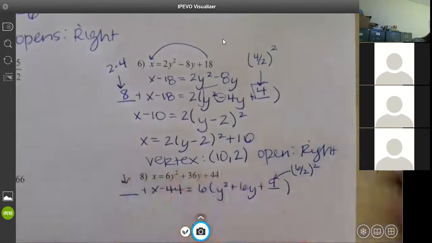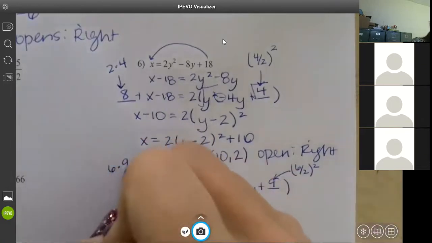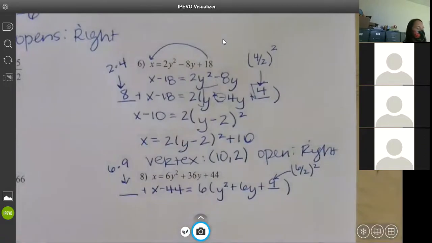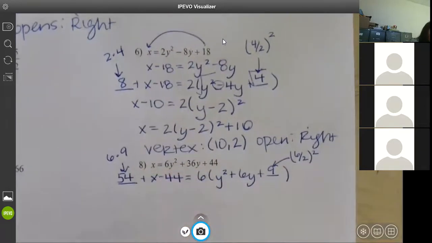This blank is what we took out times what we put in. We took out a 6, we put in a 9. 6 times 9 is 54. And again, it should lower your number quite a bit. 54 minus 44. So x plus 10 equals 6. What goes in my parentheses?